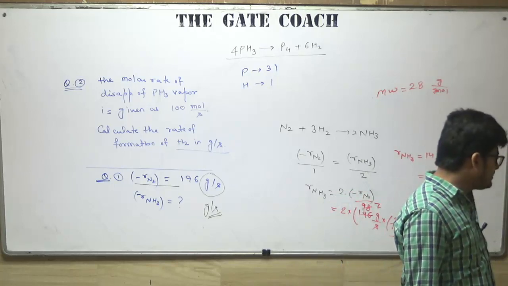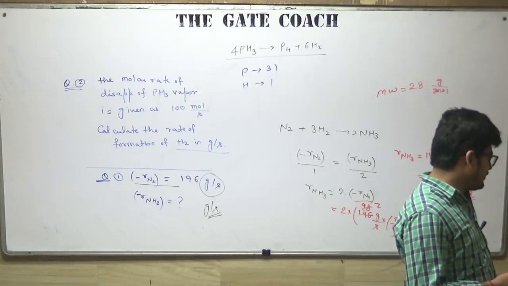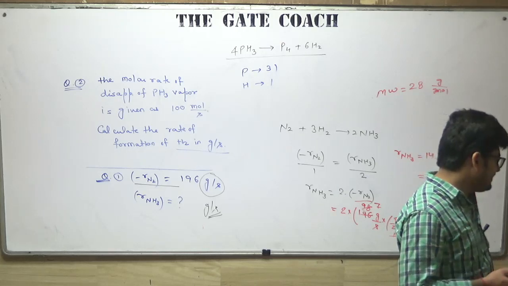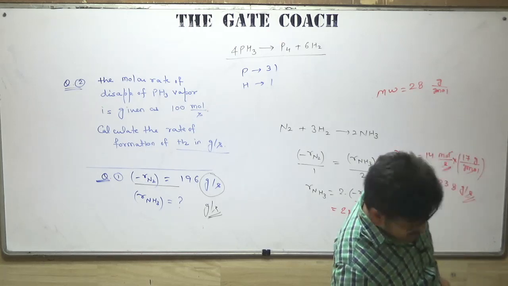Moksh says 300 g per s. Thank you for the correction. That's what I was saying. Gram is represented in small g, not capital.